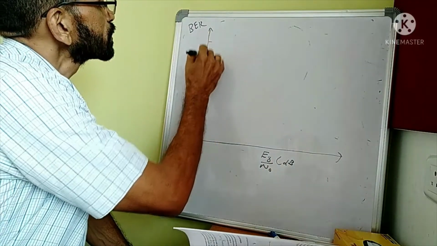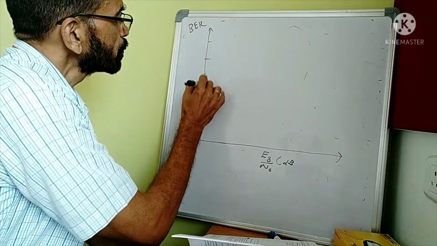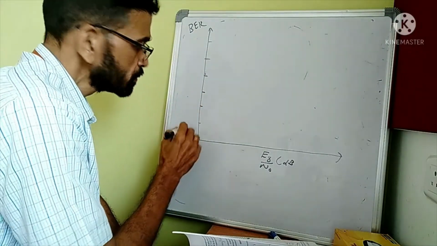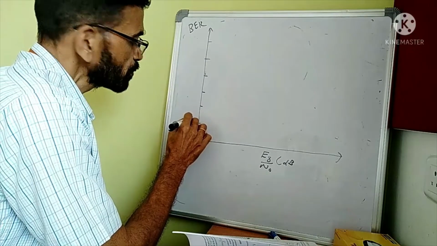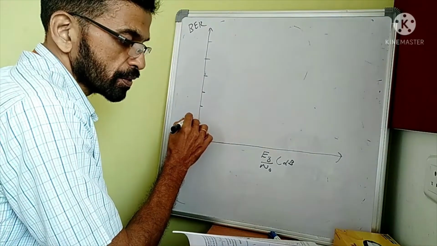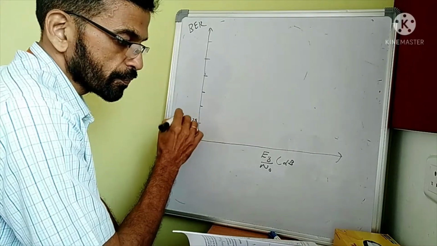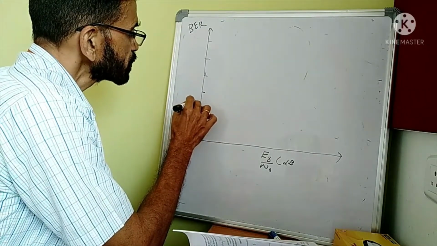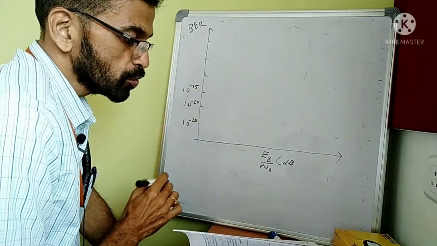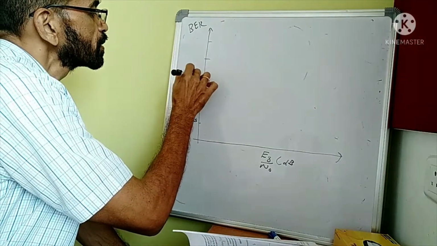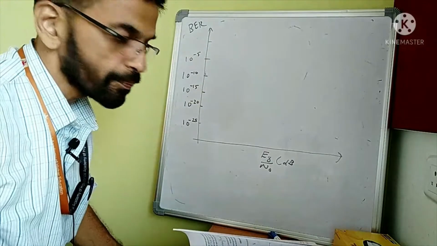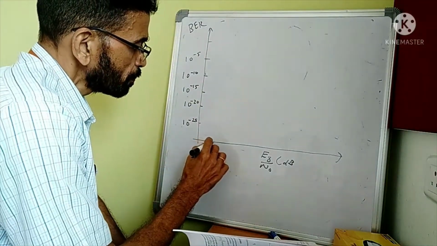And let's say we have something like 10 power minus 25, 10 power minus 20. This is a rough sketch, so the numerical accuracy may not be very good, but still I will try to explain the key features.